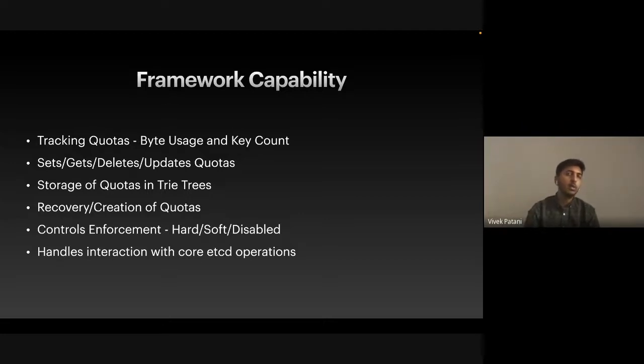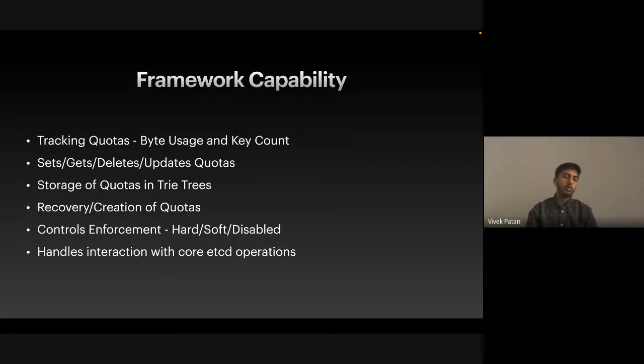Setting, getting, deleting quotas: if you have admin access, you can do this as well. If you don't have auth enabled, that's fine. If you have auth enabled, then only admins can set, delete, and update quotas. So we have some isolation in terms of what an admin can do and what the generic user can do, if you're maintaining the cluster.